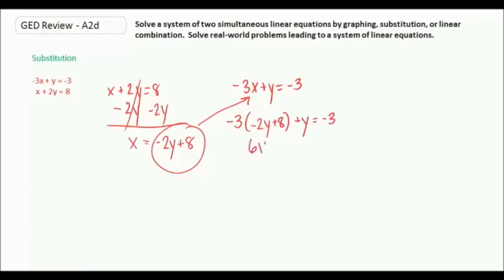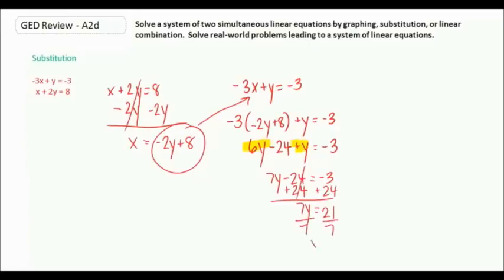This gives you 6y minus 24 plus y equals negative 3. Combine our y's together. So 7y minus 24 equals negative 3. We can add 24 to both sides. 7y equals 21. We can divide by 7, and y equals 3.